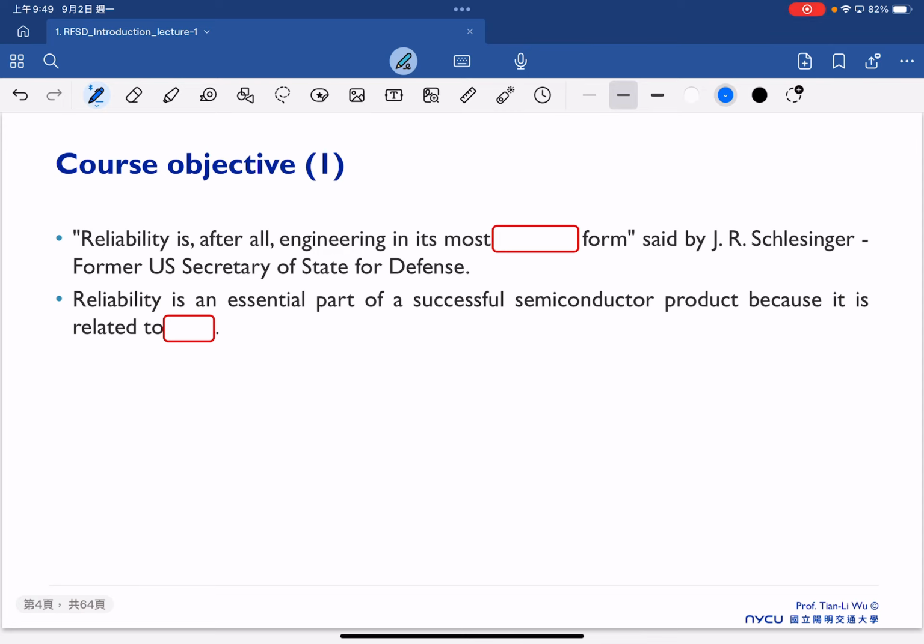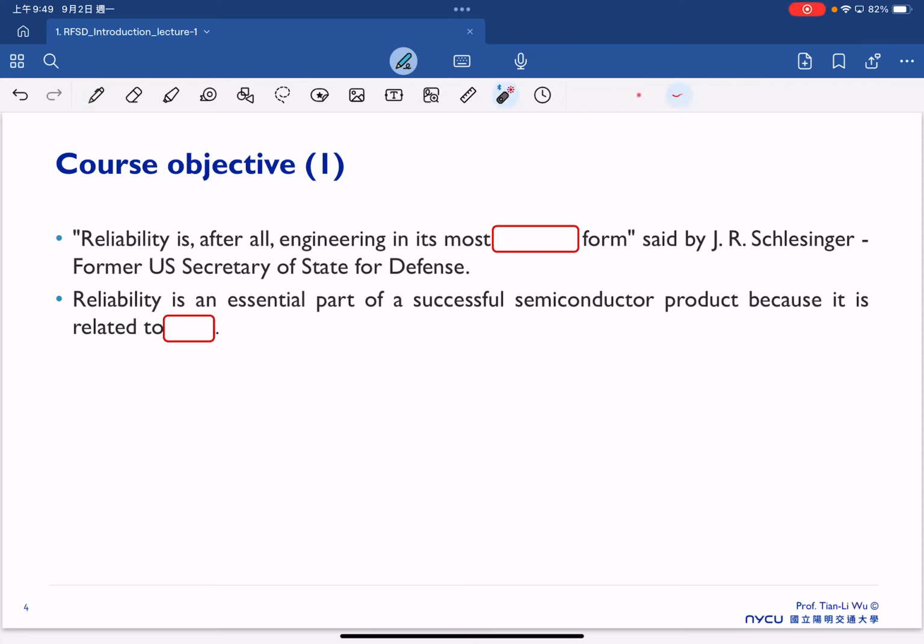Okay, so finally, we just finished the basic introduction of what reliability means, and what reliability physics means. Now we will start to look at what the goal is in this class.